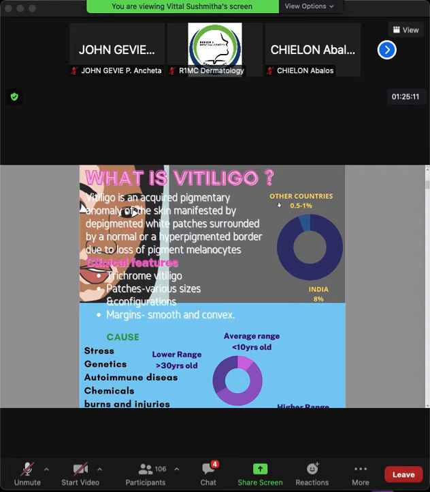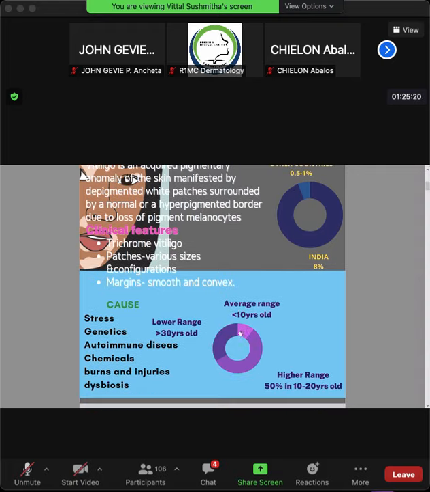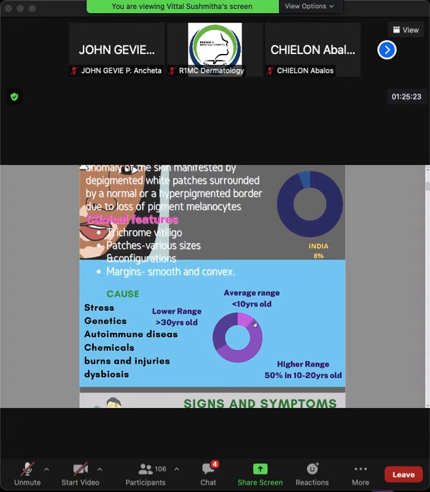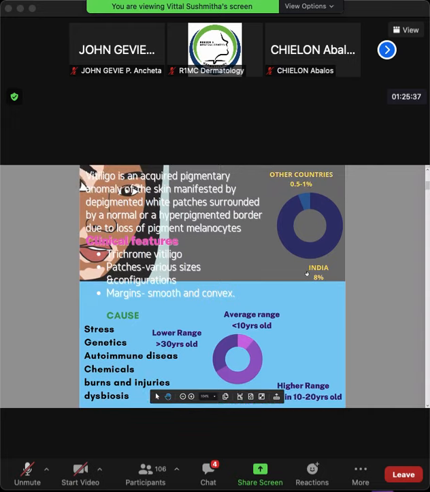For the incidence and epidemiology, vitiligo usually begins in childhood or adulthood with a peak onset between ages 10 and 30 years, but it can occur much earlier in life. About half of cases, 50%, begin before 20 years old. The prevalence ranges from 0.1% in most countries, but more than 8% in India.